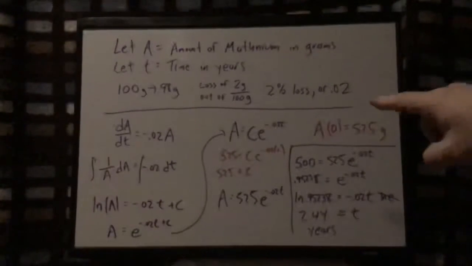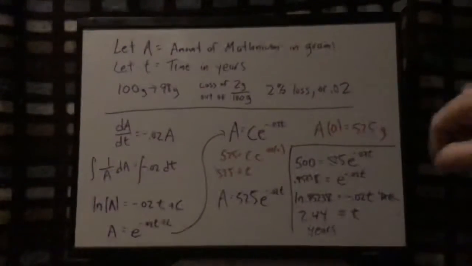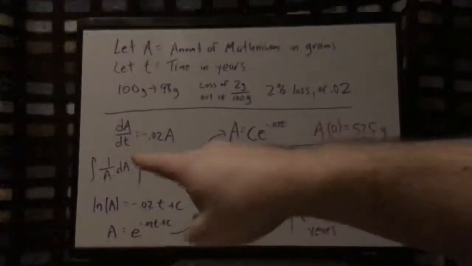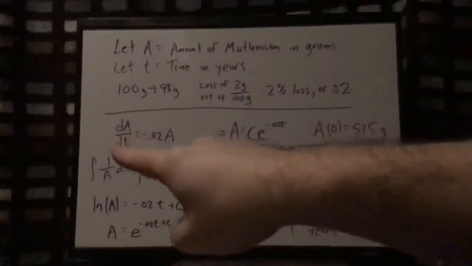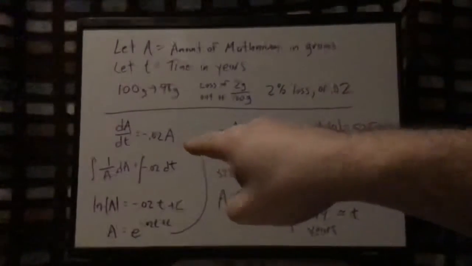And even though I'm going to call it 2%, we'll really work with its decimal form, 0.02. So now using the differential equation setup, the rate that it's being lost is based on the amount that I have. So the decay rate, basically the rate of change of the amount of mathnium I have, I lose 2% of whatever amount I had per unit of time.